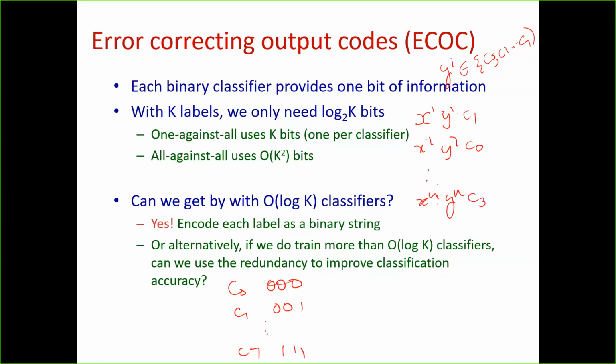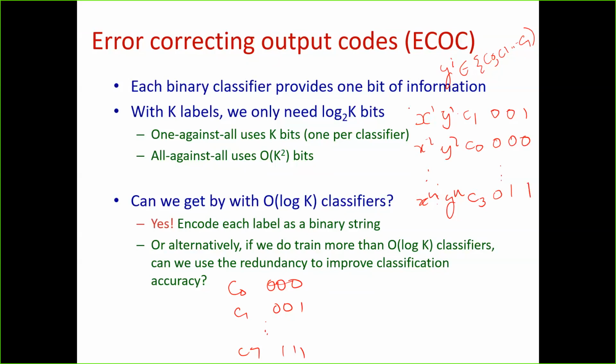Can I encode C1 as 001? Can I encode C0 as 000? And how to encode C3? Not necessarily this way, you just have to take unique strings, that's all. Okay, C3 is 011.